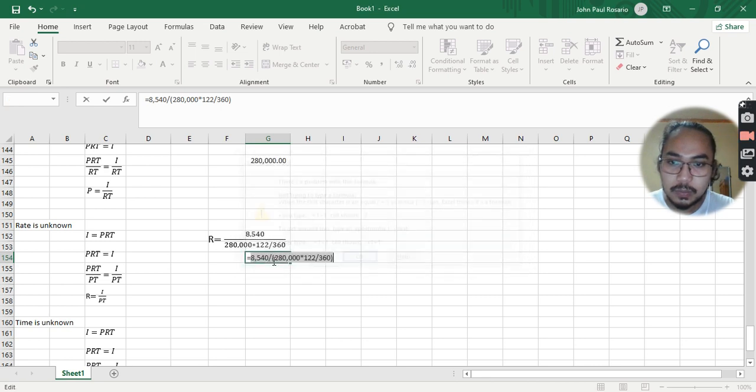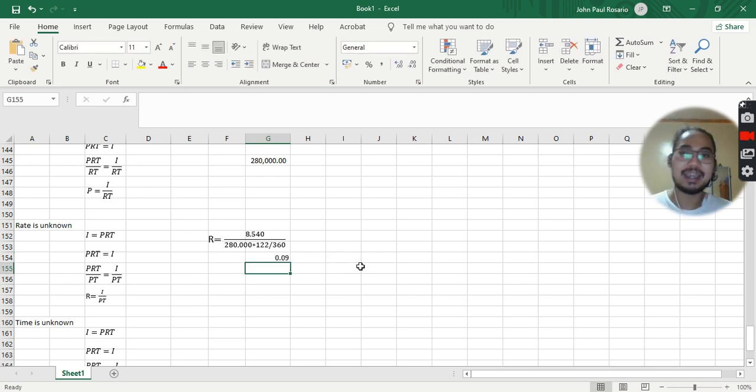So the rate now is 0.09. Rate is expressed in percentages, so since you get a decimal, to transform a decimal into a percentage you simply multiply the decimal by 100.